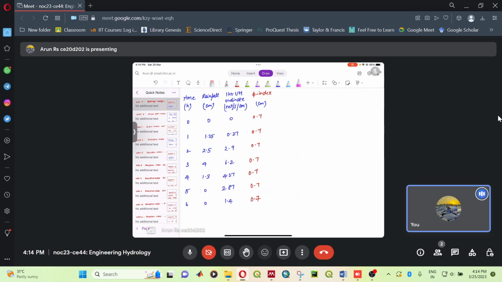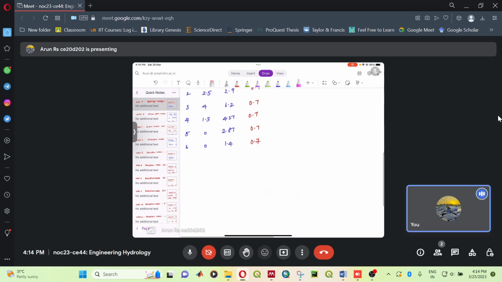Now we need to compare the rainfall and the phi index. So excess rainfall occurs when rainfall is greater than the phi index.